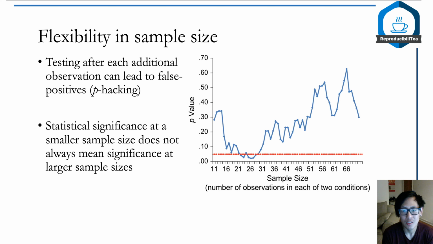So if you were to stop your analysis then, you have a significant result, which is a false positive, because as you can see here, as the sample size gets larger, the p-value goes back above 0.05. So that is one particular practice that is problematic, that might be commonplace amongst researchers.